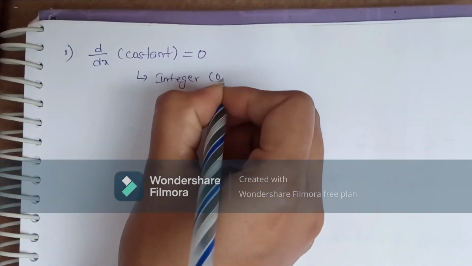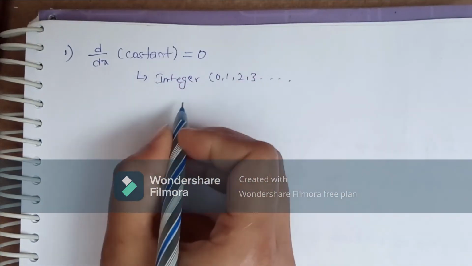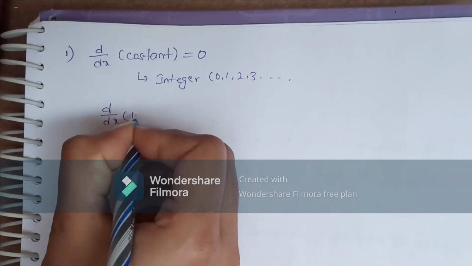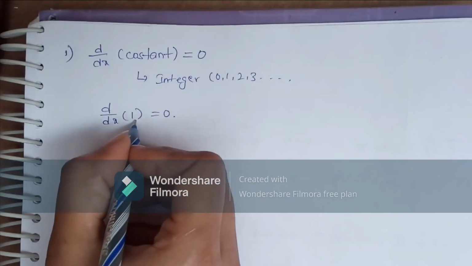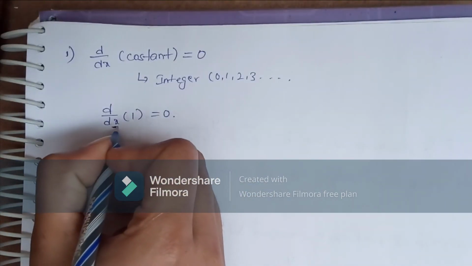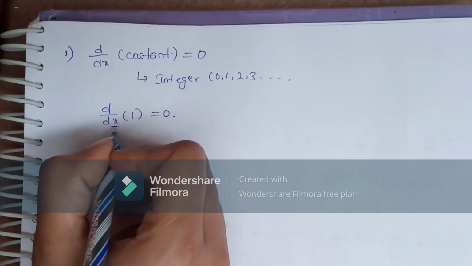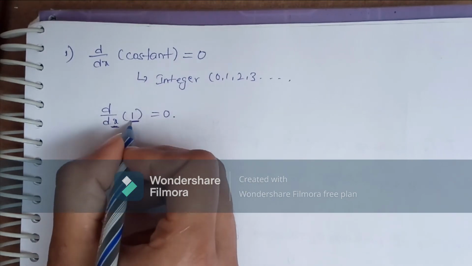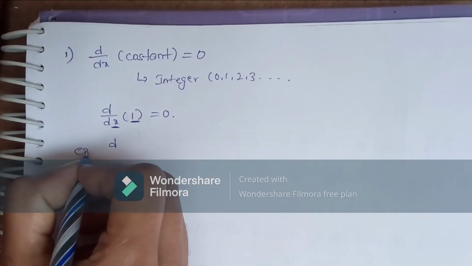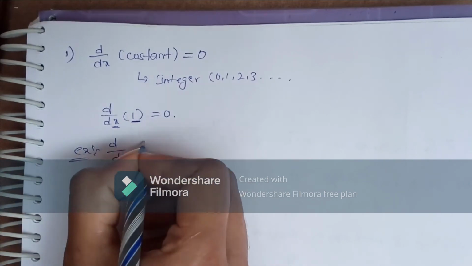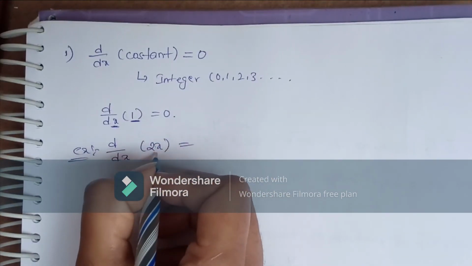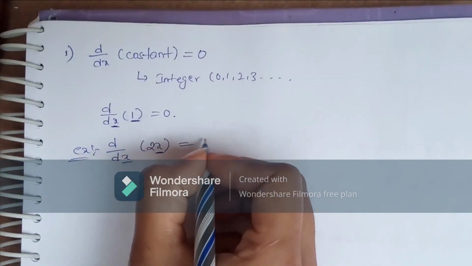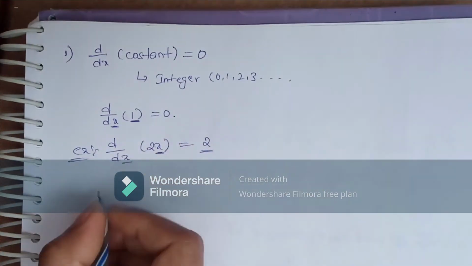For any integer, 0, 1, 2, 3 or any integer, d by dx of any integer is equal to 0. Here we are differentiating with respect to x. If the term contains x, then it is not 0. For example, d by dx of 2x, here it contains x, differentiating with respect to x, the value is 2.